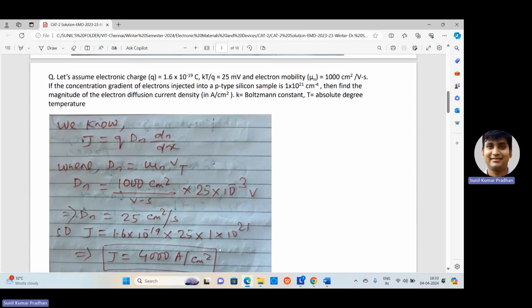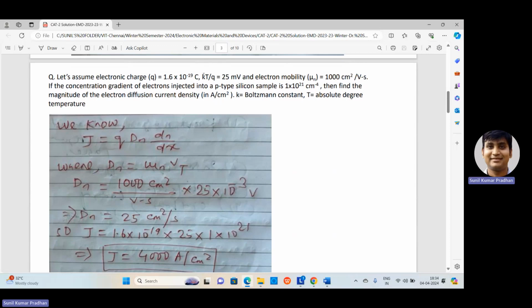The question here is, let's assume electronic charge is 1.6 into 10 to the power minus 19 coulomb. We know that the charge of an electron is 1.6 into 10 to the power minus 19 coulomb. And kT by Q is 25 millivolt, where K is the Boltzmann constant, T is the absolute temperature, and Q is the electronic charge.